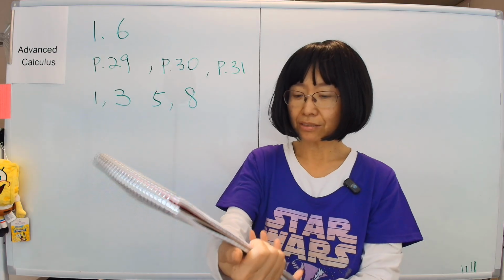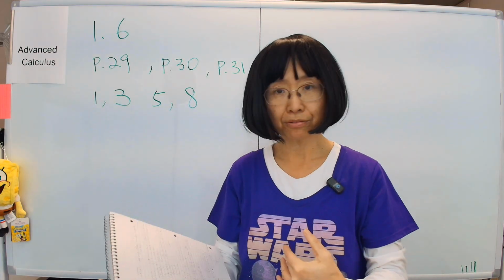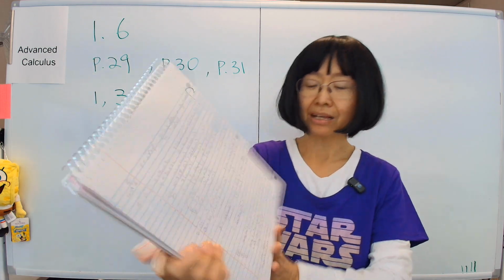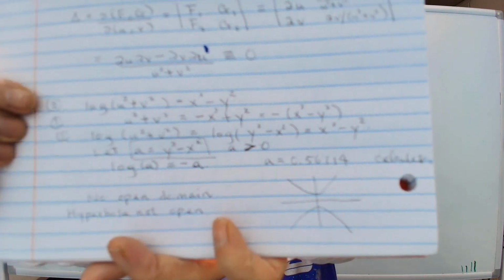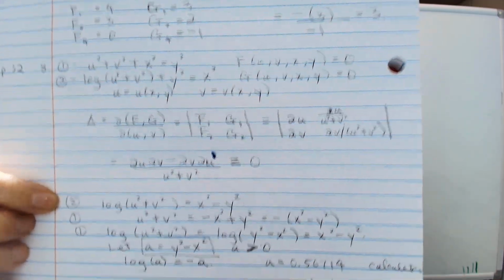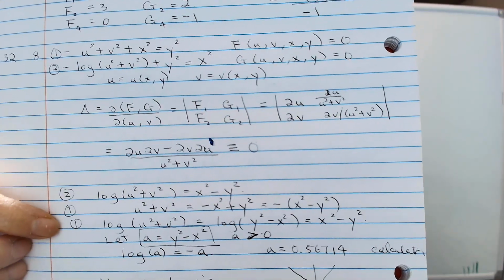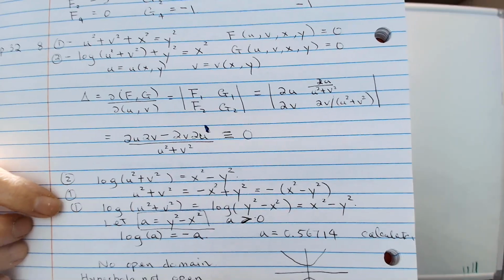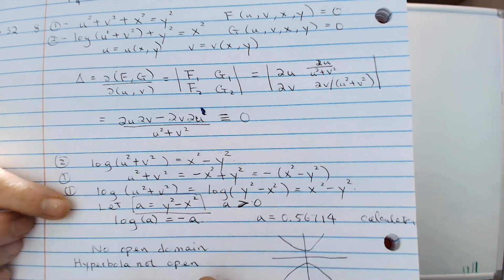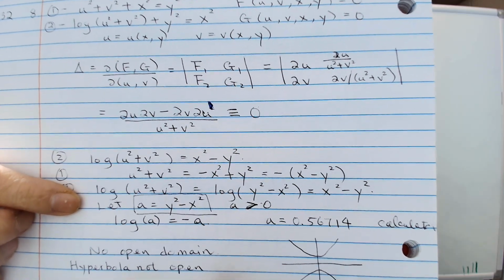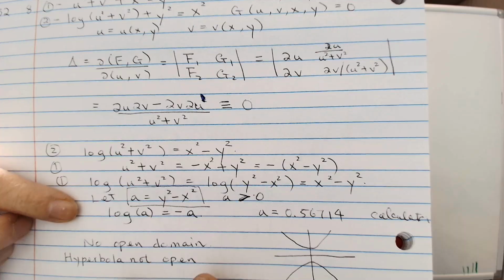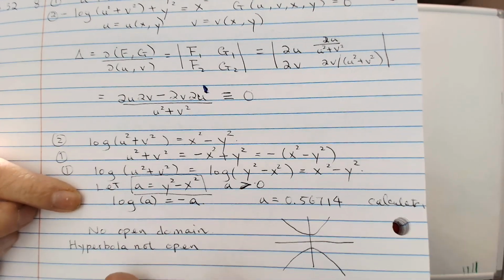So we're going to solve these two equations directly, at least try to see if we can. To solve them directly, I plugged one into the other. This is equation 2, and then I took equation 1 and slapped the log on it as well. Then if you let a equal y squared minus x squared, the log of a equals negative a.